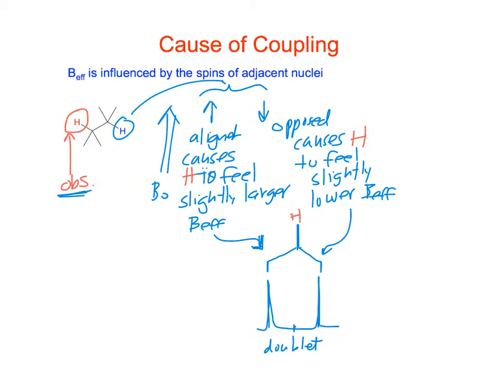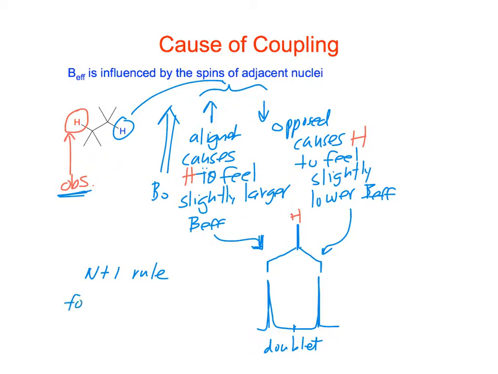And so this starts off what is referred to as the N+1 rule. If we have N protons on adjacent carbons, then we add 1, and that's the number of peaks we get.